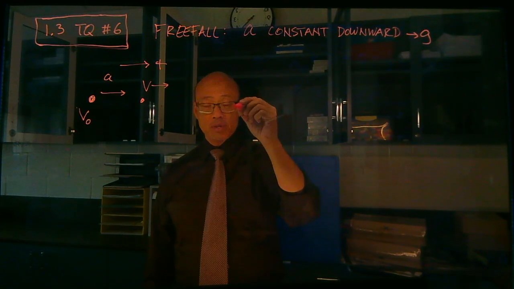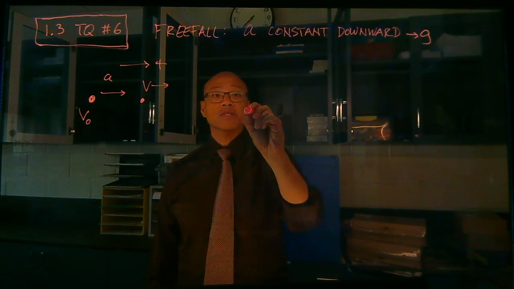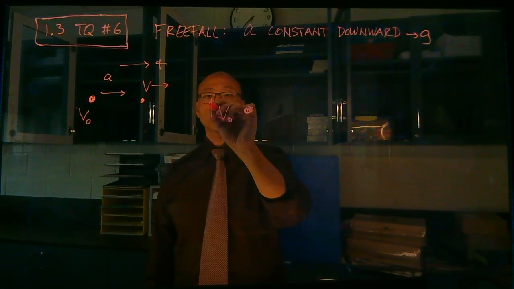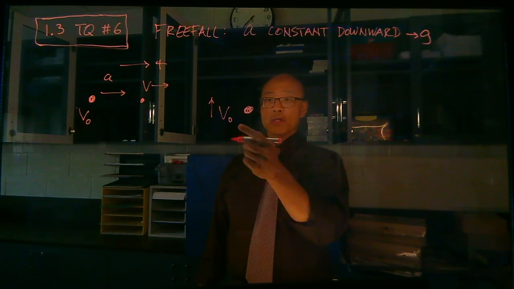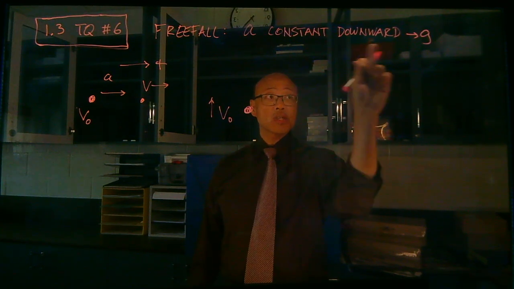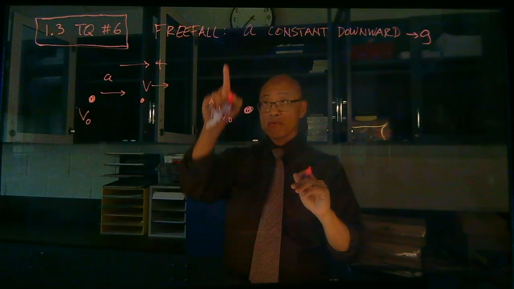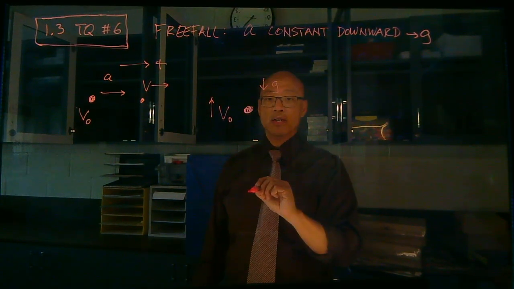A simple problem like number 6 is the basic system. What's the basic system? I might have an initial velocity that's upward, and it's thrown up. As soon as it's accelerating downward at g, that means nothing else is touching it, so it's just going straight up. My acceleration is opposite my velocity.